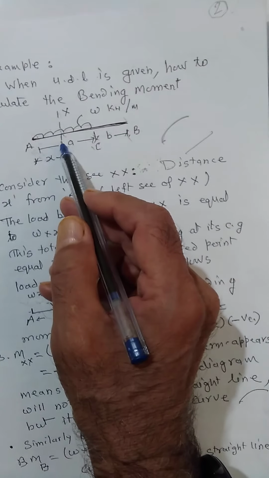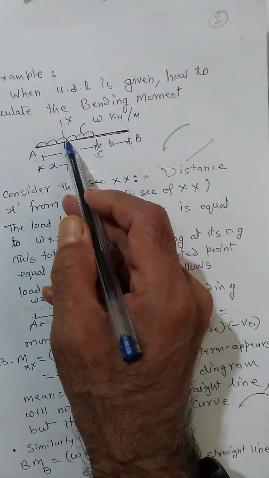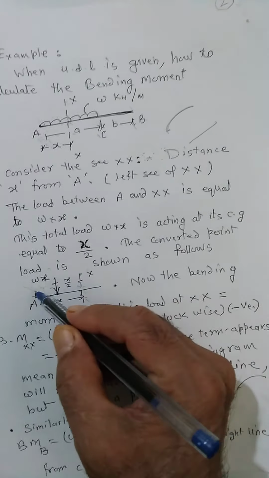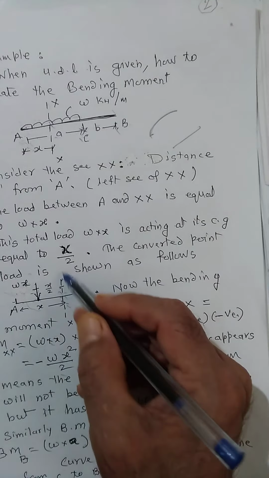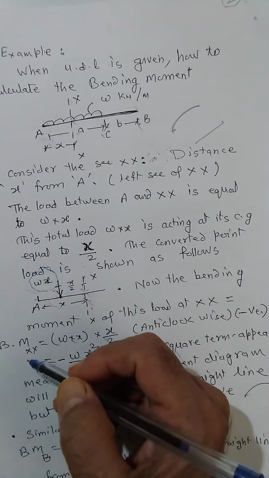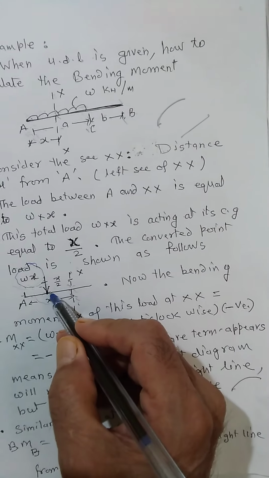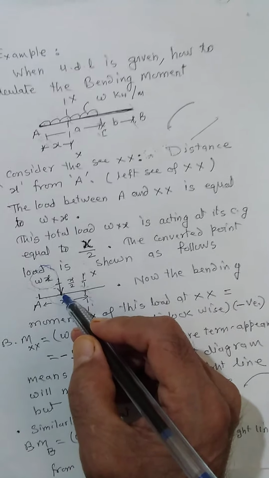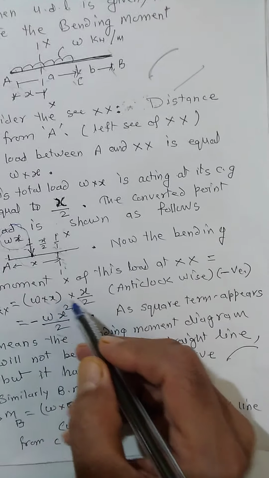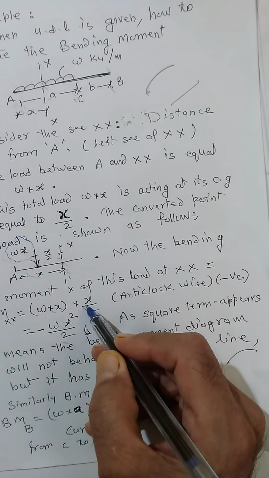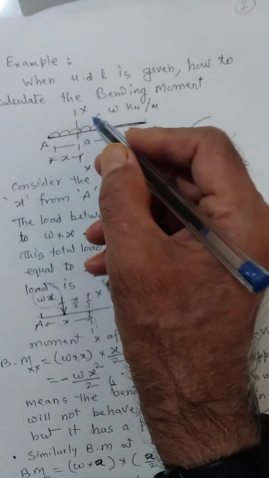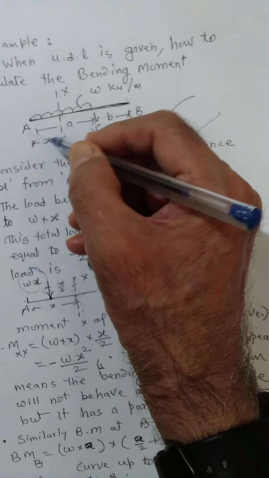It is W into x, and which is acting at a distance of x by 2 from this end. So the moment at xx will be W into x, the total load, multiplied by the CG of the load from here, x by 2. Now it comes out to be W into x by 2. Is it clockwise or anti-clockwise? Yes, we find that it is anti-clockwise.